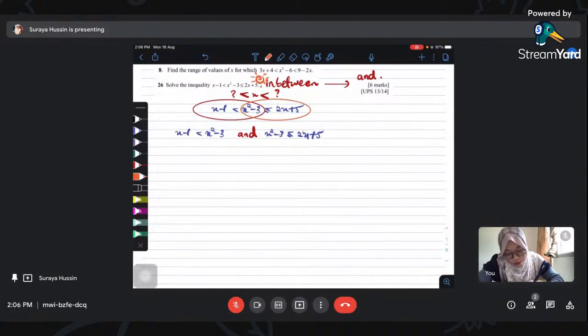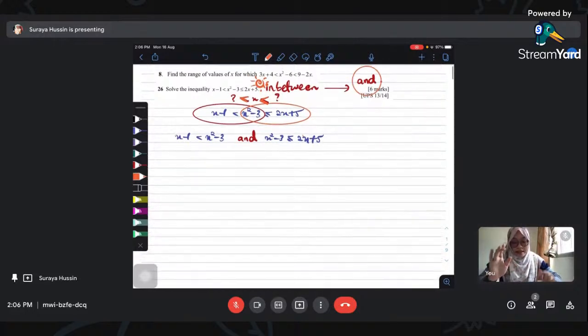So when you see bentuk yang less than, in between, you must make sure you write down "and" in between both inequality. Okay? Di tengah-tengah di antara dua inequality tersebut. Faham ya? Yang ini tolong hafal. Dia mesti ada "and", bukan "or", bukan anything else, mestilah "and" sahaja.